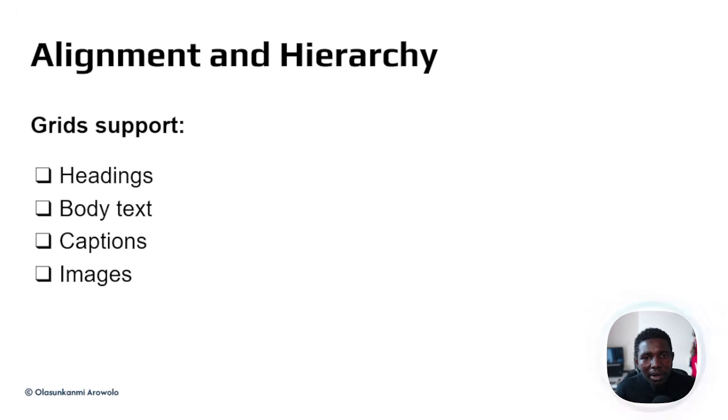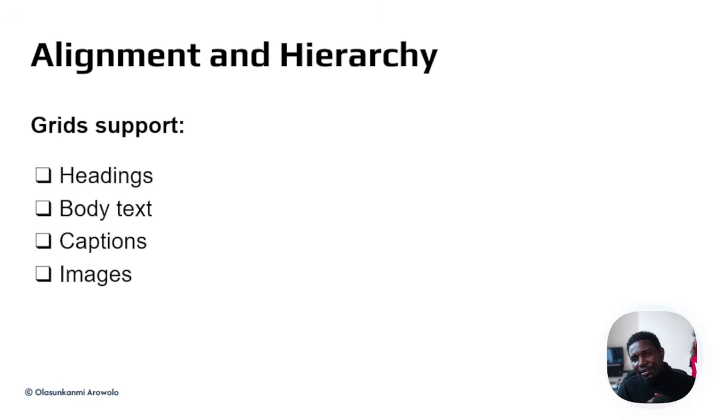All right. So now we're drawing to the end of the course. And the grid system, take notes, it supports headline writing, headline placement, headline design, body text, and captions. It supports images. And it's very important that you know that hierarchy must be visually structured. Grid helps distinguish primary information, secondary information, and supporting elements.